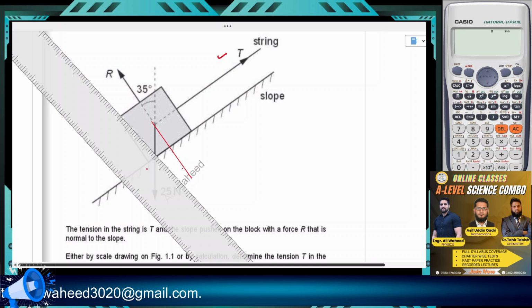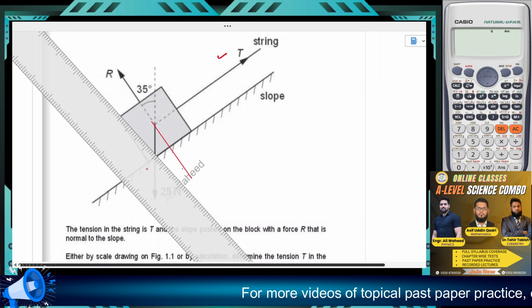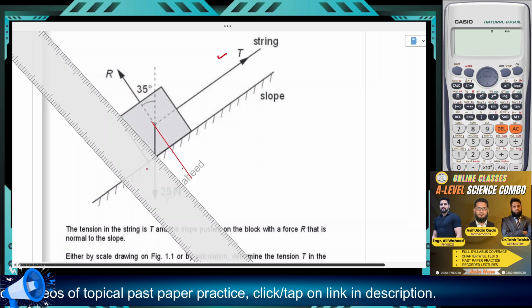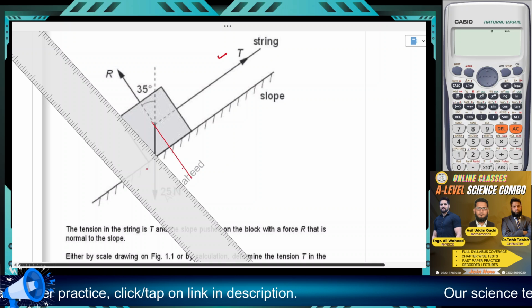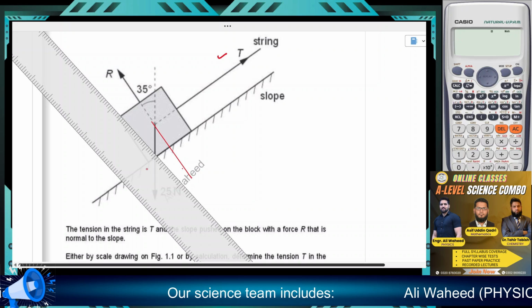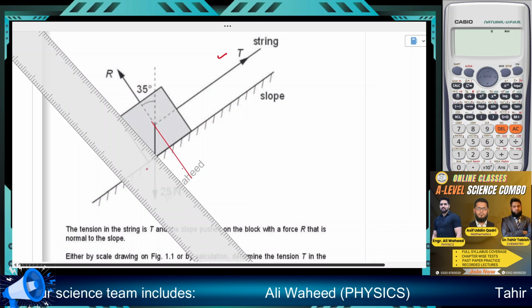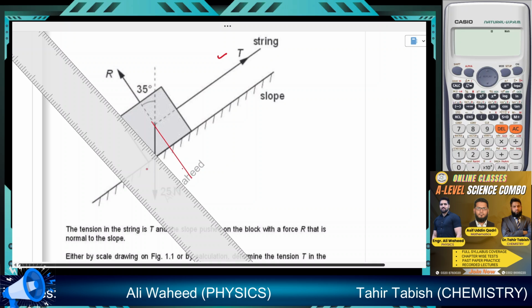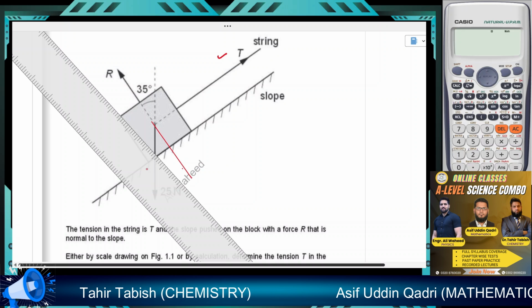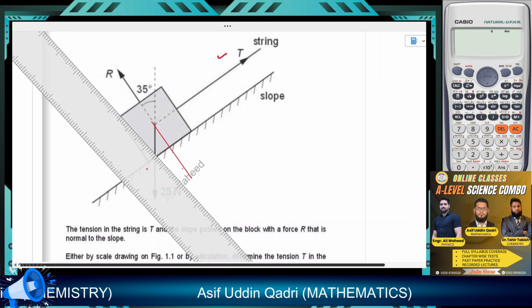I need to find the value of tension, the magnitude of T. The direction is not important. I have drawn a vector in this direction which would be equivalent to T. In terms of magnitude, it would be the same as T. And this one, since it is also in the same line or parallel to the vector r, would be equal to the magnitude of the vector r. So if you extend the vector backward, magnitude wise it would just be the same.